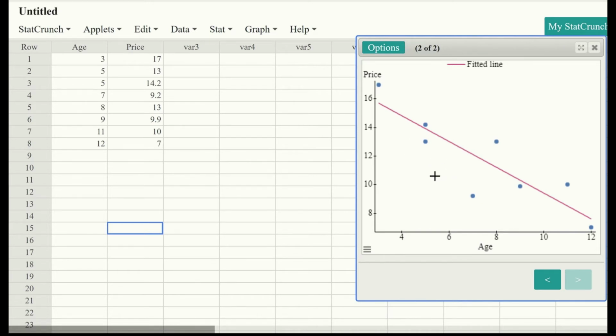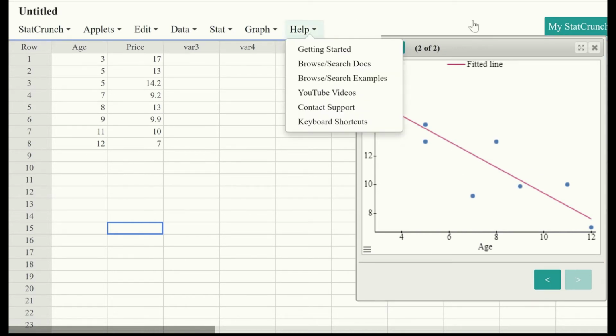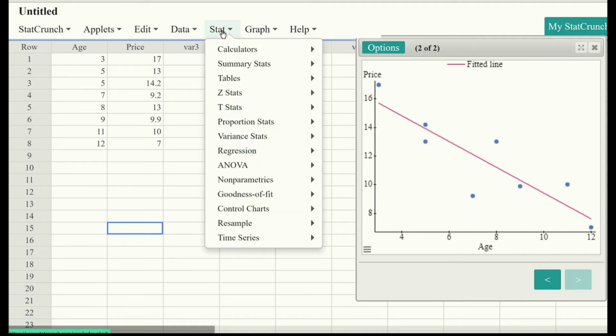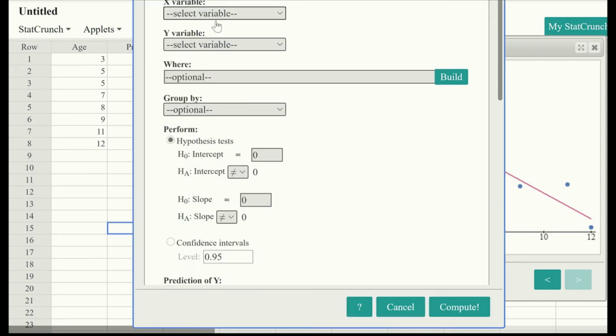There is another graph associated with this, which gives us a nice indication of what we're doing as well. The best way for me to show you the new graph is to actually do a new linear regression model and then add a new piece of information to it. So we go back to simple linear regression.